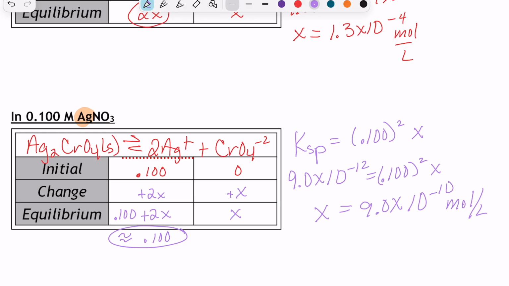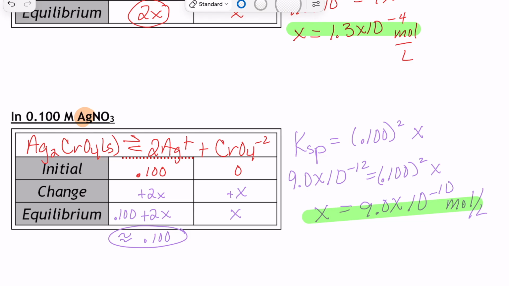Now, just like we were expecting, the solubility goes down with a common ion. The solubility started at 1.3 times 10 to the negative 4 moles per liter. Still not very much, but when you add that common ion, it forces the equilibrium to the left, so our solubility goes down. So there's fewer ions dissolved in solution.